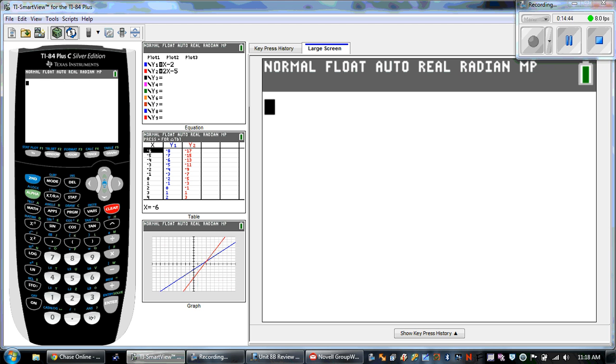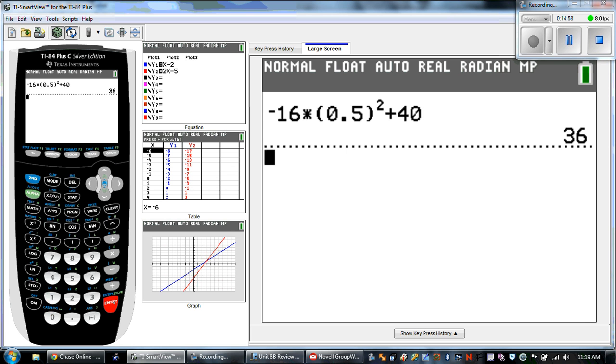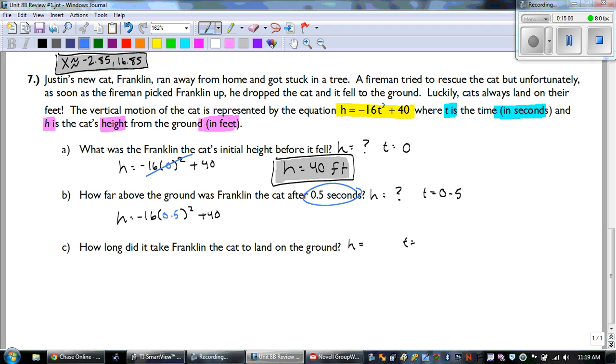Okay, so I have negative 16 times 0.5 squared plus 40. And that gives us, yep, 36. So h equals 36, and we're talking feet.